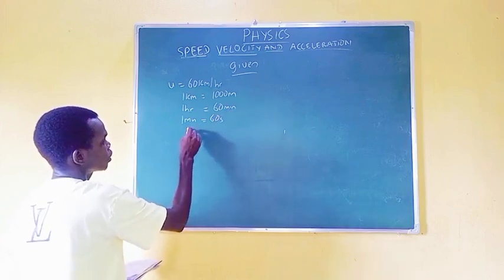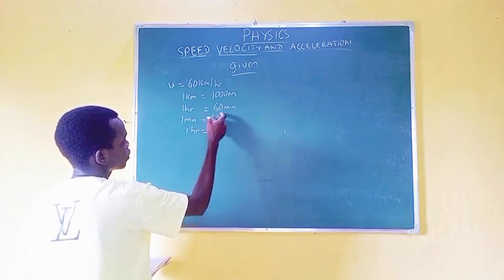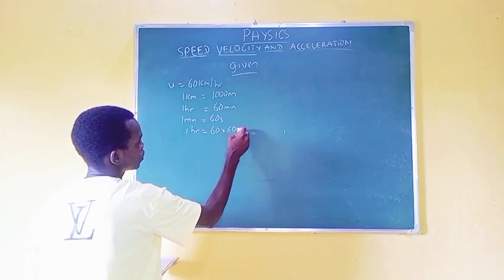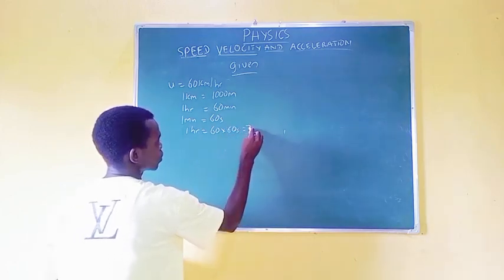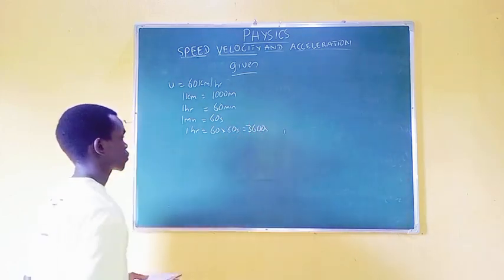We now have 1 hour is equal to 60 times 60 seconds, which is 3600 seconds.